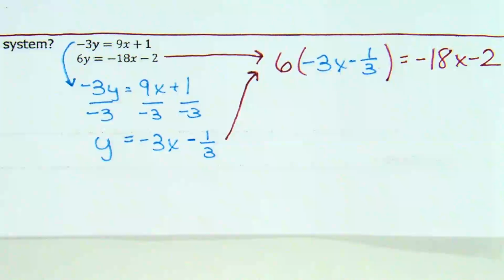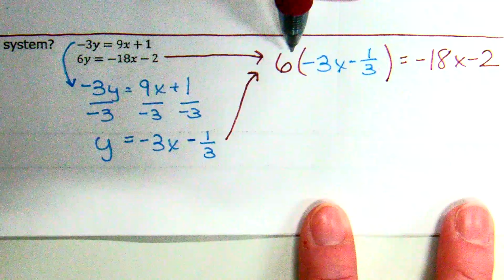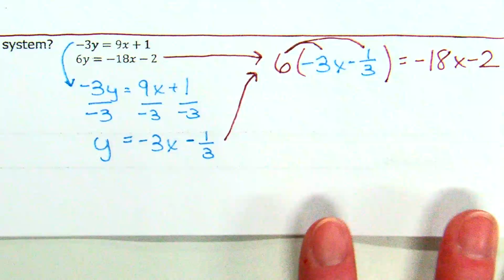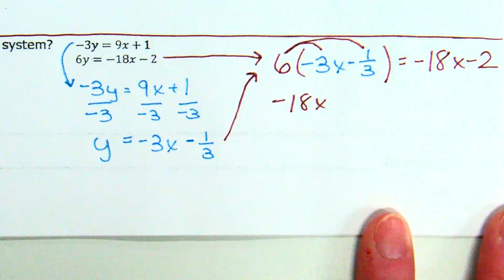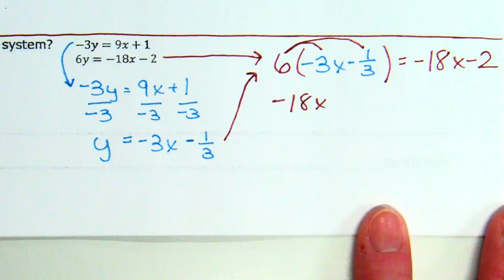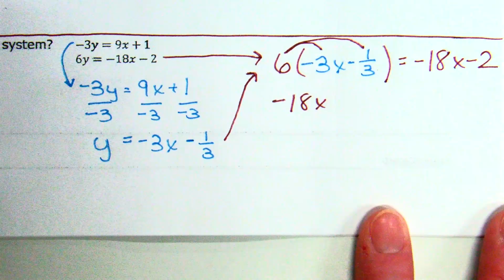What is that step on the left? Distribute. Distribute property is actually going to be nice to us here. 6 times negative 3x, negative 18x. 6 times negative 1/3. What is a third of 6? 2, because 6 divided by 3 is 2.